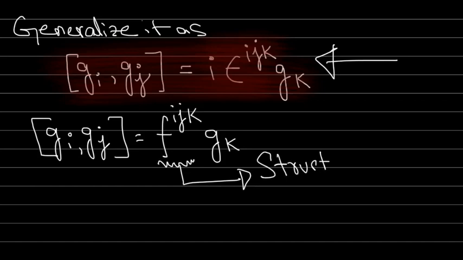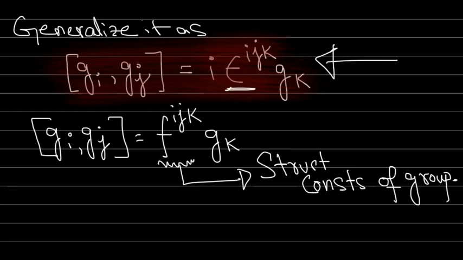So it's the structure constants of the group, right? And it just happens to be that for rotation, the structure constants are this antisymmetric Levi-Civita, right?